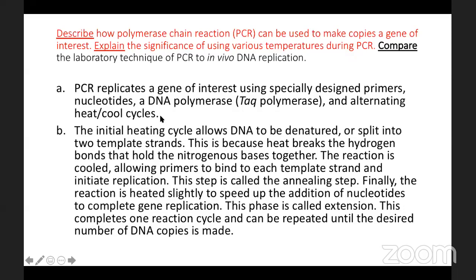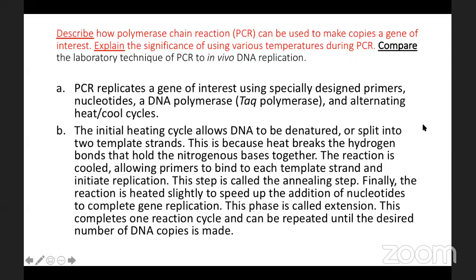You'll notice, as I indicated before, it's really useful to demonstrate that you have a solid command of the vocabulary. So notice I'm using words like gene, primers, nucleotides, polymerase. These are all going to be really important for you to get as many points as possible. All right, so for part two of this question, you're going to have to go into more detail.